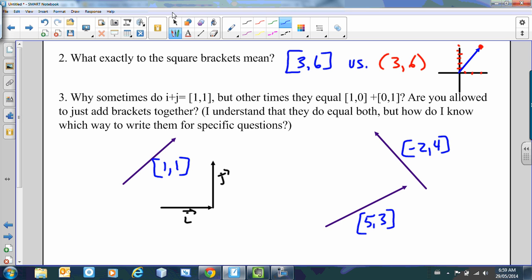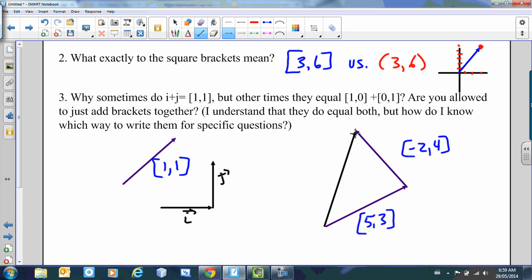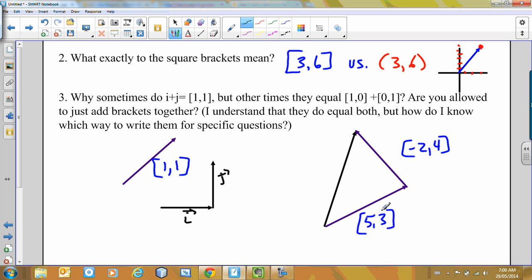If we do put those together and add them, the resulting vector ends up being 5 this way, and then back 2 more this way, so a total of 3 to the right, and 3 up, and 4 more up, and so 7 up.